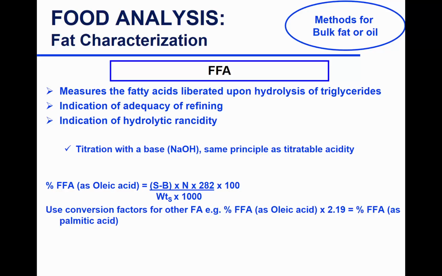Since free fatty acids are acids, you titrate with a base, and it's exactly the same as the titratable acidity equation. 282 is grams per mole of that particular acid. In this case, we use oleic acid as the main acid, so you use the molecular weight of oleic acid. You can convert using a conversion factor to different fatty acids. If you want to record it as palmitic, you use a conversion factor. There are tables for that.